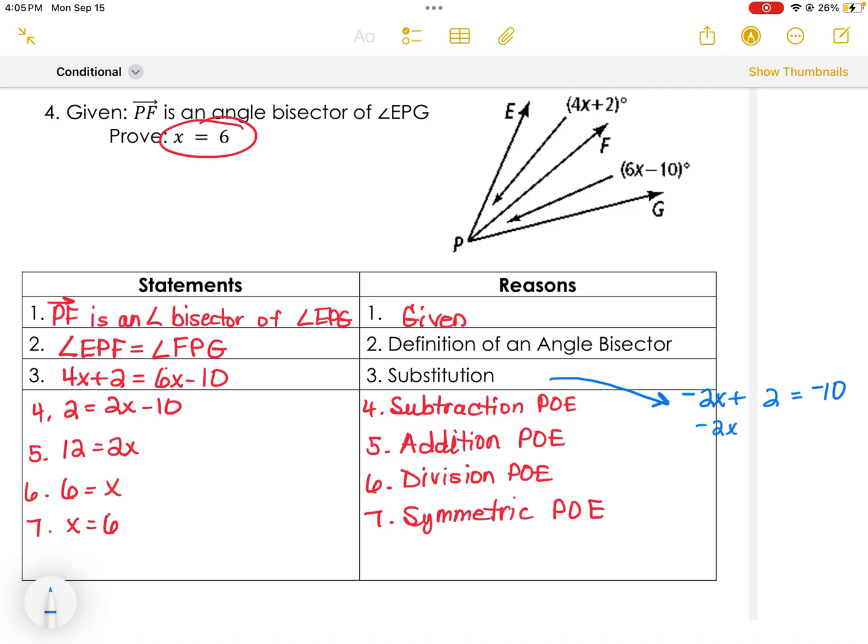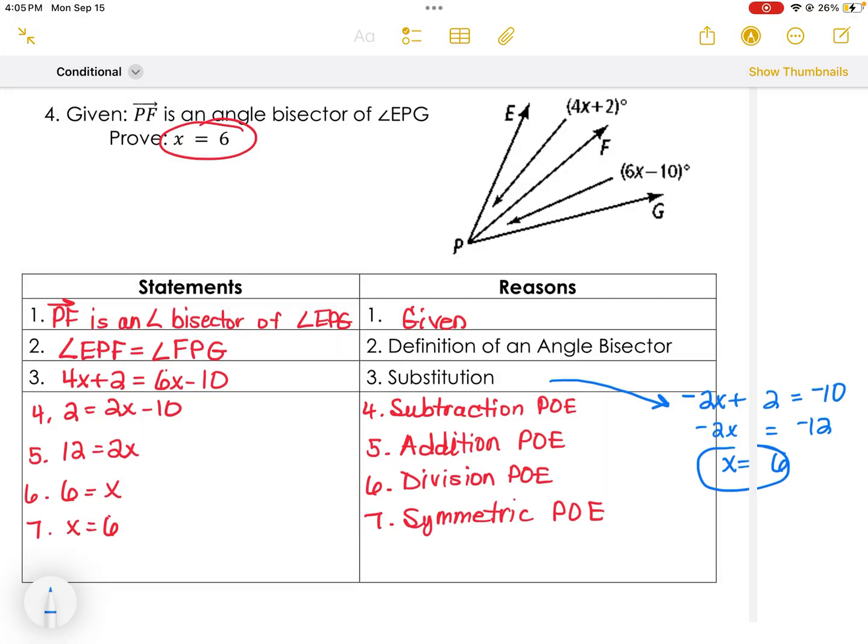If you subtract 2 from both sides and then divide by negative 2, you get 6, and I would have been done and would not have had to use the symmetric property. So when you're free solving and doing your own thing, you can have different steps or different orders, because you may not do what I do. All right, and that's it. Algebra in with geometry.